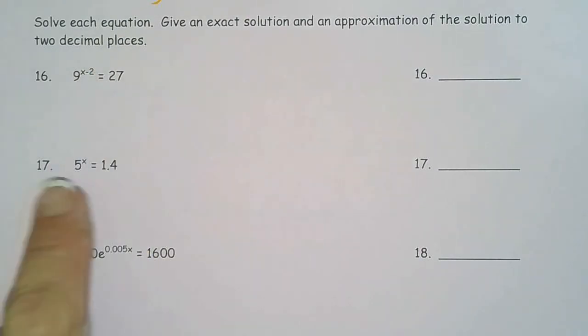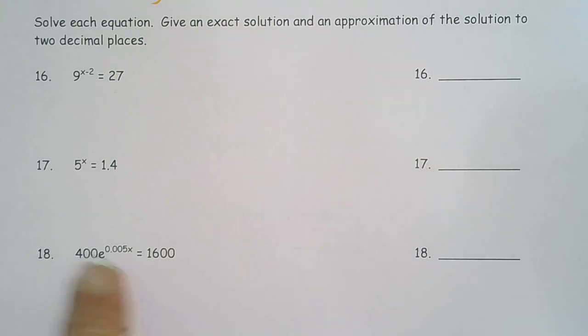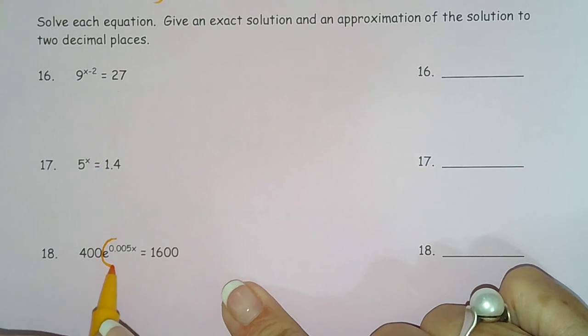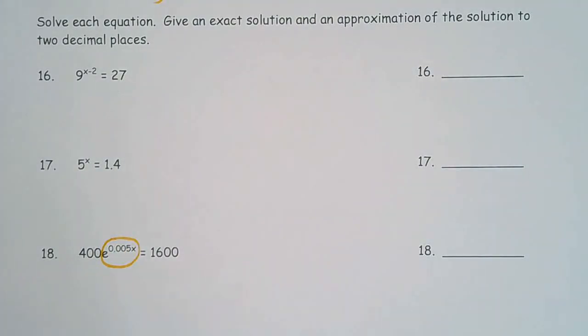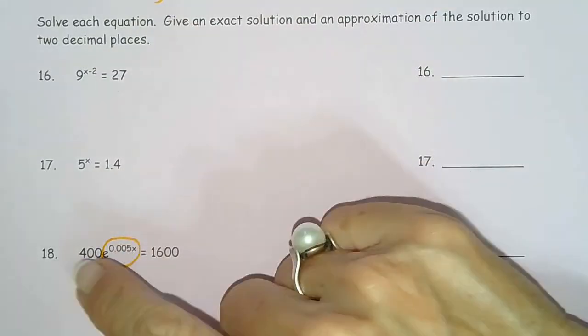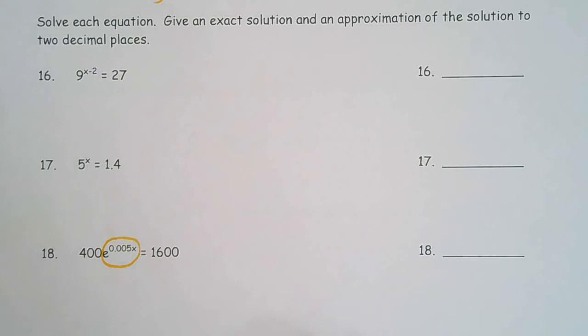Because this is the exponential part right here, it needs to be alone before you can take the log of both sides. And that's probably the most missed one of this section because students don't do that first.